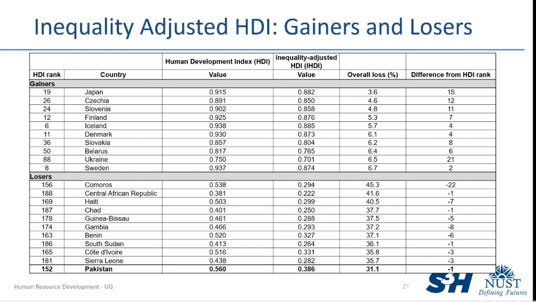And so we talked about the lack of incorporation of income inequality in HDI. This is one of the new additions to HDI in recent reports that they have published. These are the gainers right here. These are 10 countries, I think. These are also 10 countries.